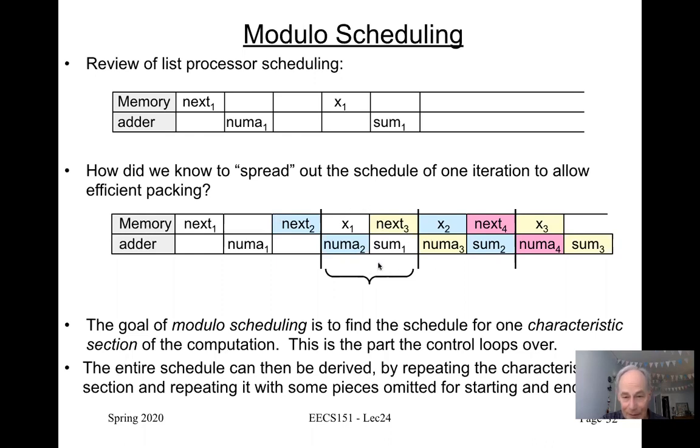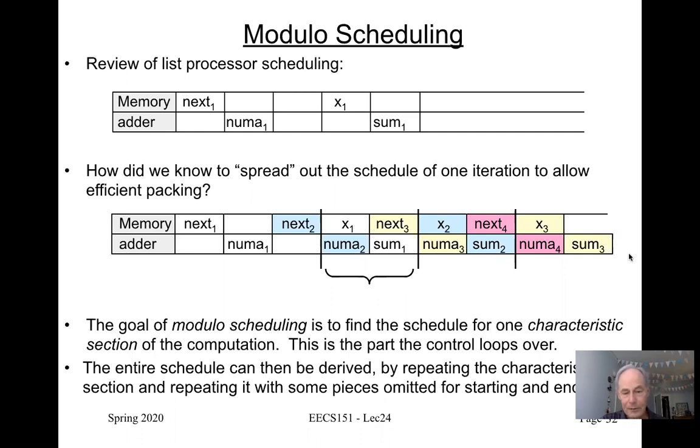This bracketed piece here is the characteristic section, and it repeats over and over again, N-1 times I believe in this case. There's a little startup, which is a degenerate version of the characteristic section, then the dense characteristic section that repeats many times, and then a finishing part here.